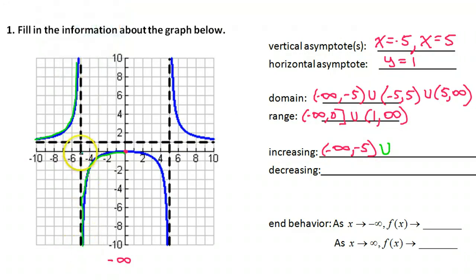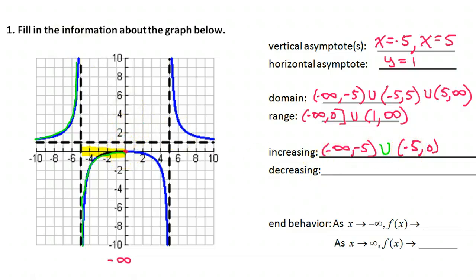Again, x values, it goes from here to here, but those x values are from -5 to 0. These increasing and decreasing intervals are always round parentheses because right here at 0, for example, it's neither increasing nor decreasing. It's flat just for that instant.